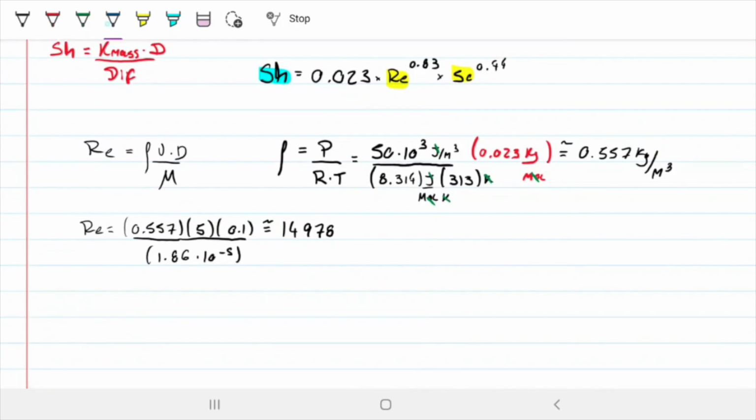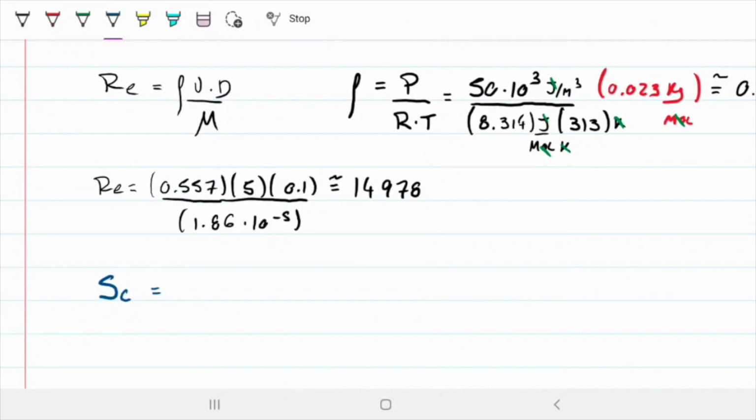All right, next step, Schmidt's number. Schmidt equals dynamic viscosity divided by density and the diffusion coefficient, all of which we have.